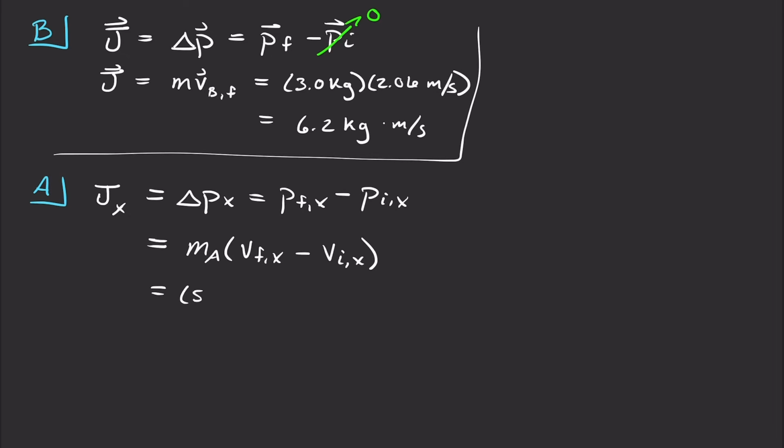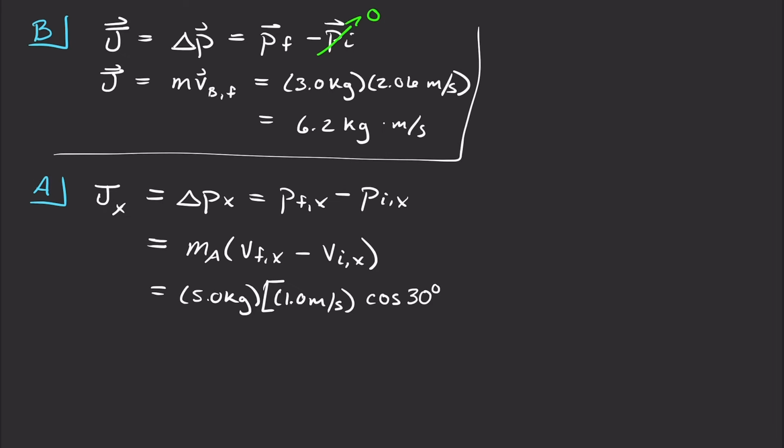So this is 5 kilograms, V final was 1 meter per second, and if we want the x component of the final velocity, then we need to do cosine of 30 degrees.